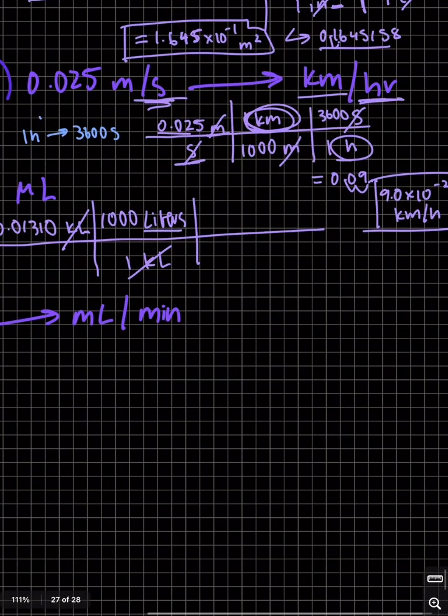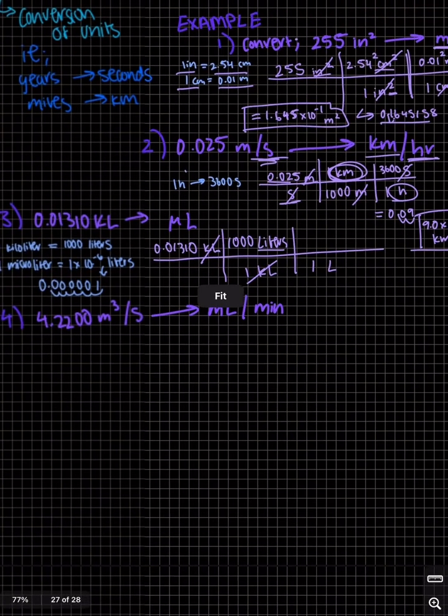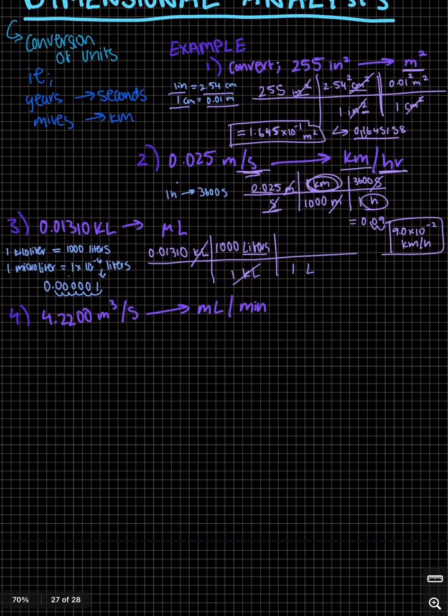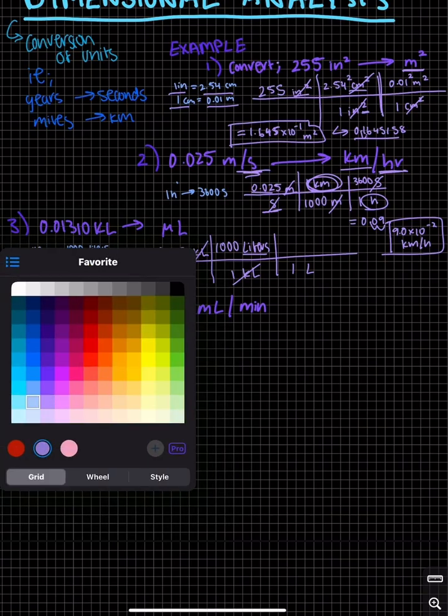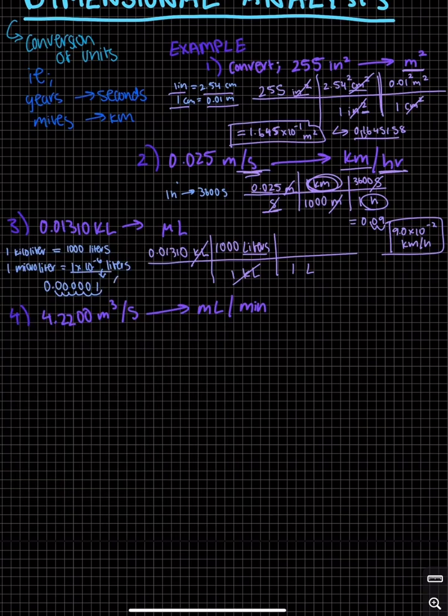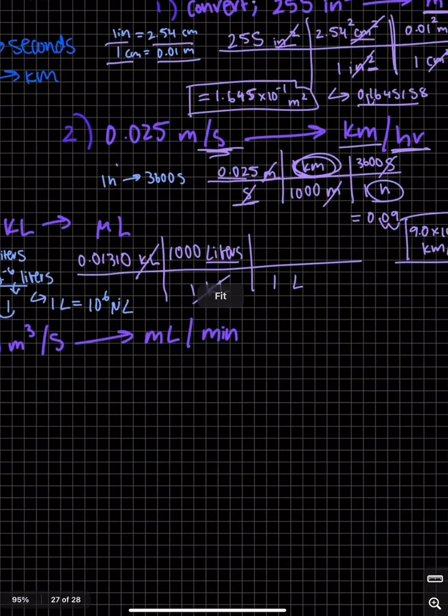Now I want to cancel out these liters and turn them into microliters, so I'm going to bring the 1 liter here at the bottom. I know that 1 microliter is equal to 1 times 10 to the negative 6 liters. In other words, 1 liter can be rewritten as 10 to the sixth microliters.